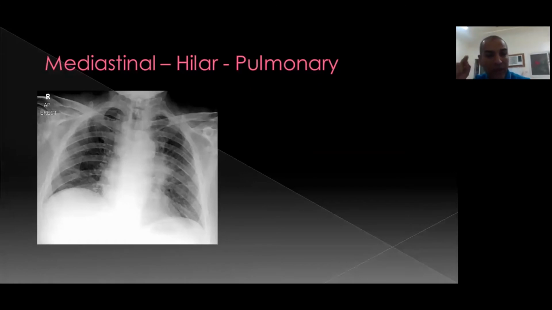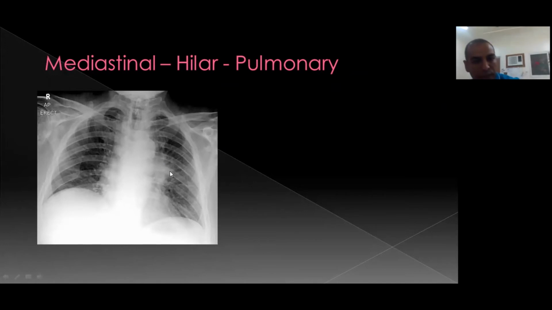If you identify the hilum clearly, then this one is away from the hilum, maybe anterior to the hilum, maybe posterior to the hilum.